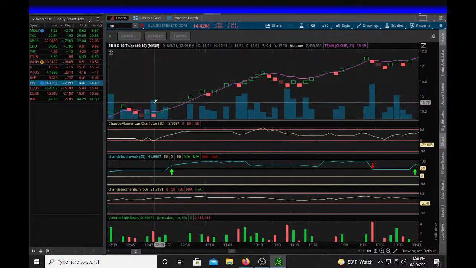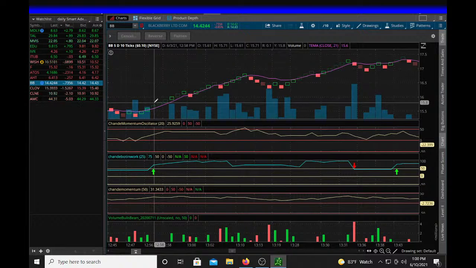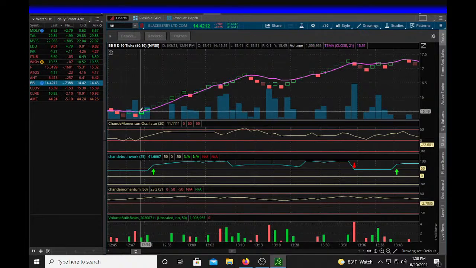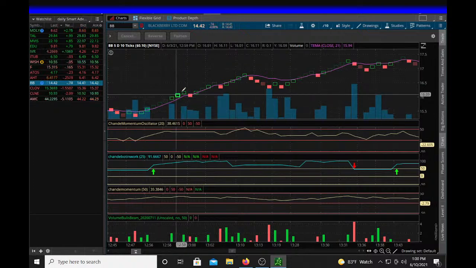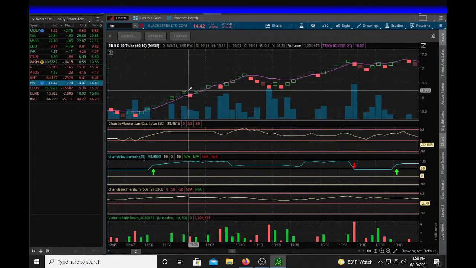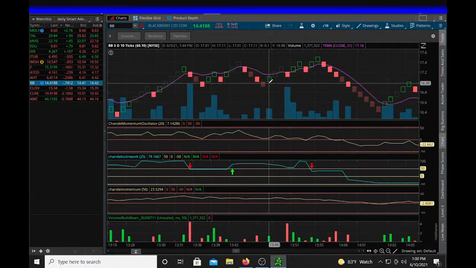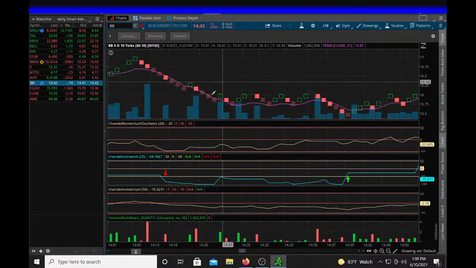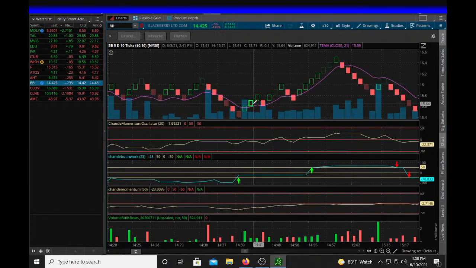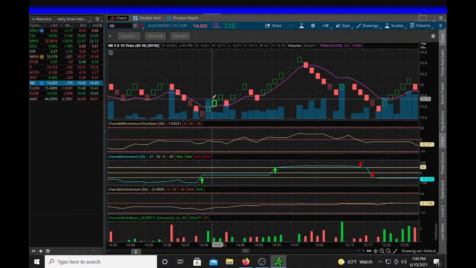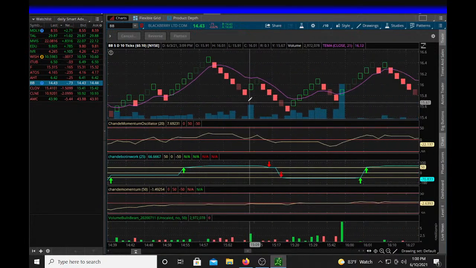Interesting. It's taken me some time to figure out what these little ghost and shadow bars mean, but I think we're getting it figured out. Very good. So the first bar to clear above the TEMA, that is bullish, that the bulls have taken over. So this one or this one? Okay, cool.